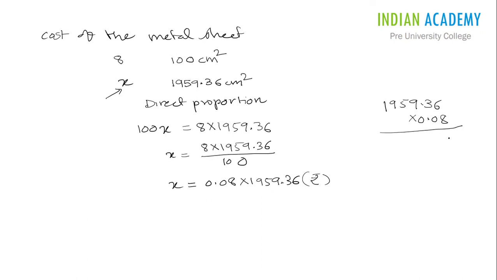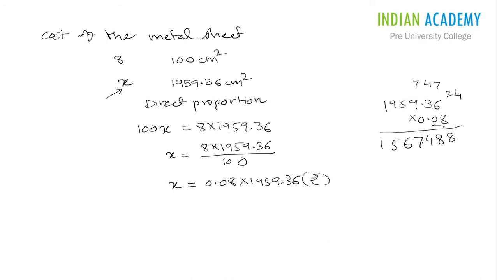Let's multiply. 8 6s are 48, 4, 8 3s are 24, 24 plus 4 is 28, 2 will be left. 8 9s are 72, 72 plus 2 is 74, 7. 8 5s are 40, 40 plus 7 is 47, so 7, 4. 8 9s are 72, 72 plus 4 is 76, again 7. 8 1s are 8, 8 plus 7 is 15.